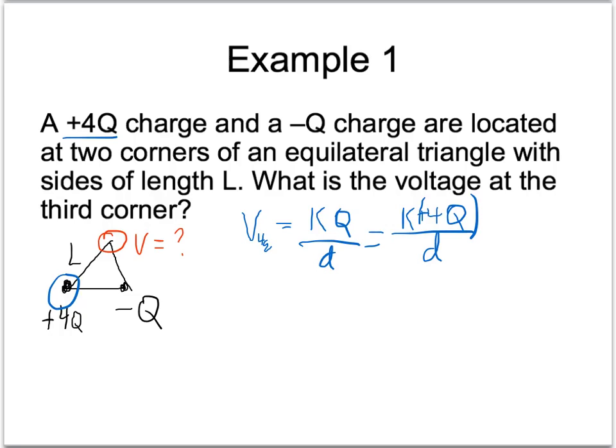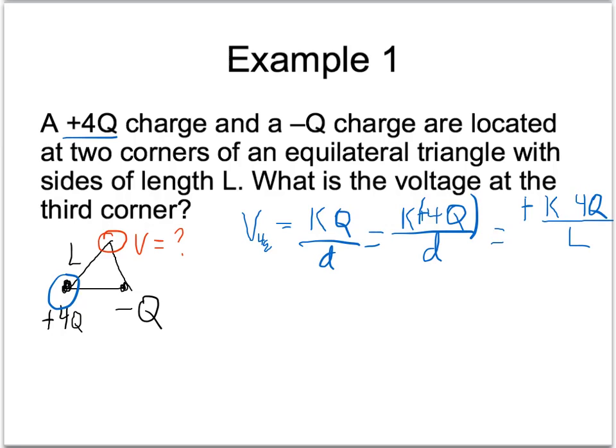With voltage, negative or positive matters very much. And that D is L. Could have went ahead and subbed that in. So now we've got positive K times 4Q over L.